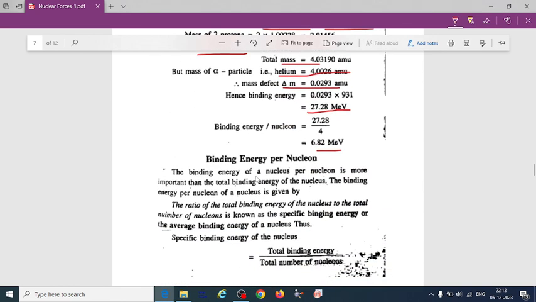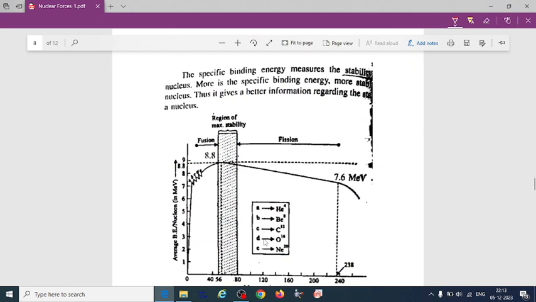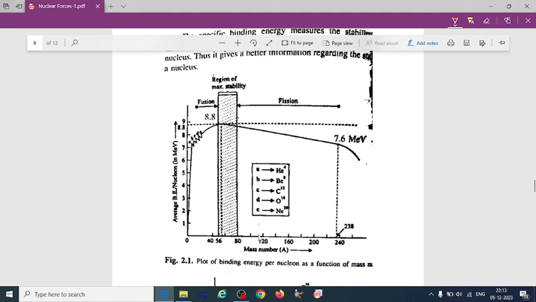So what is binding energy per nucleon? We also call it specific binding energy or average binding energy. It is the ratio of total binding energy to the total number of nucleons. There is a graph between mass number and binding energy per nucleon.